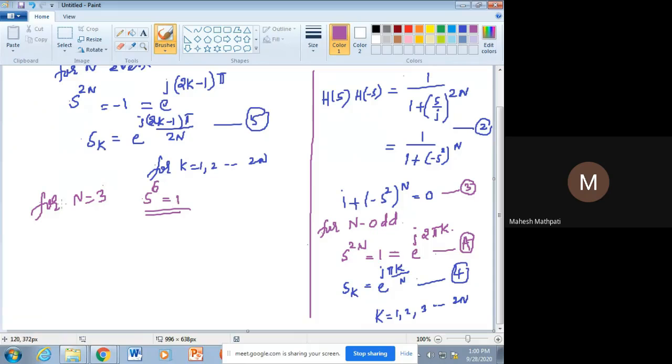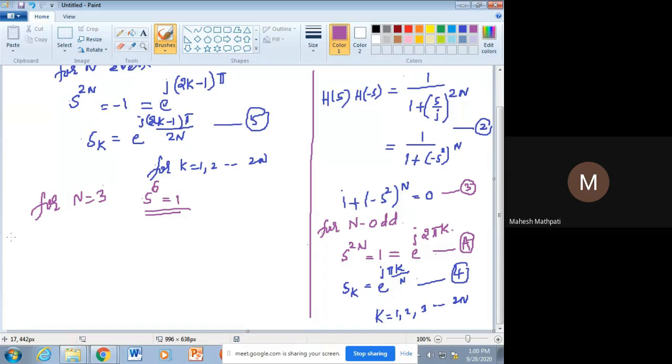Therefore, for n odd, the roots can be obtained from equation 4.